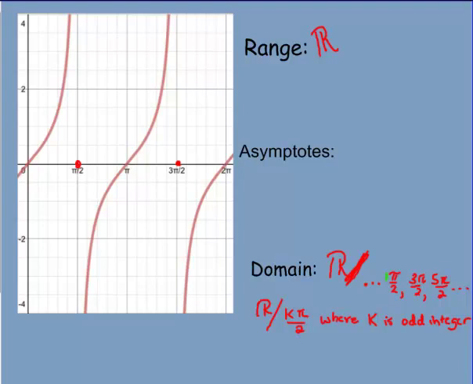This would be 1. Well, let me use a different color. This would be 1. 1 is an odd integer. 3 is an odd integer. 5 is an odd integer. Etc., etc., etc. So asymptotes could be written the same way. The asymptotes are anywhere where I have k pi over 2, k is an odd integer.